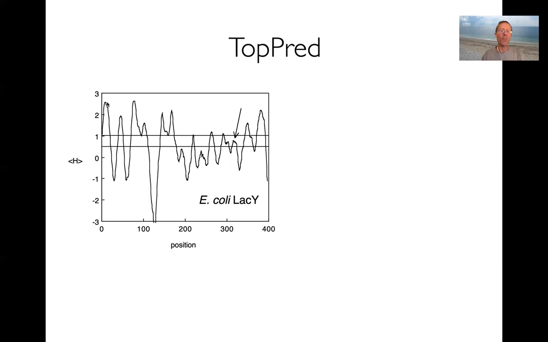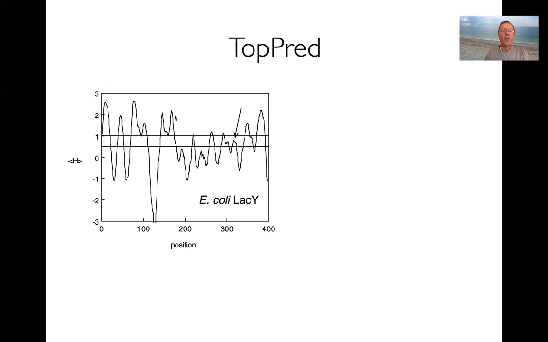So it's going to define a peak here. And if you hit, say, a loop region in between transmembrane helices, it's going to have much fewer hydrophobic residues and instead have polar and charged residues. So you have a low average hydrophobicity. So for a multi-spanning inner membrane protein, you would expect to see a number of peaks corresponding roughly to the transmembrane helices, right?